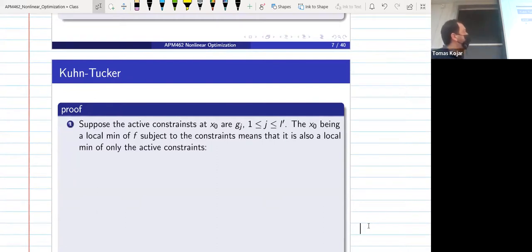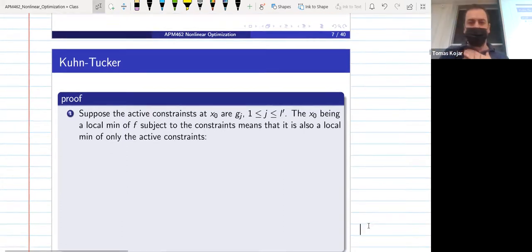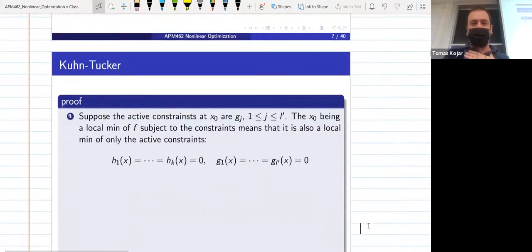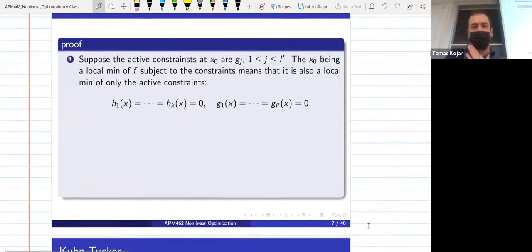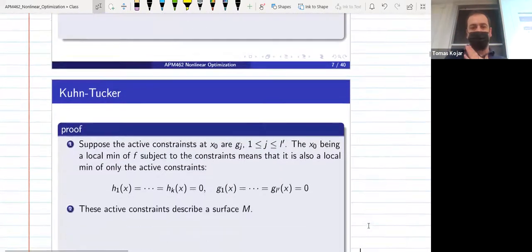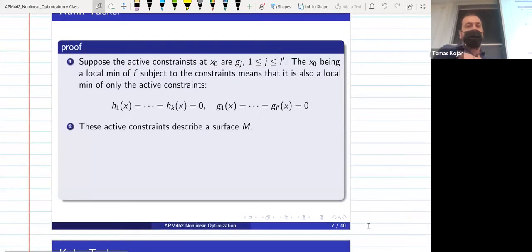X naught is a local min, so this is our assumption. It's a local min only for the active constraints. So here are the active constraints, and I ignored the other ones. This was the definition of a surface.